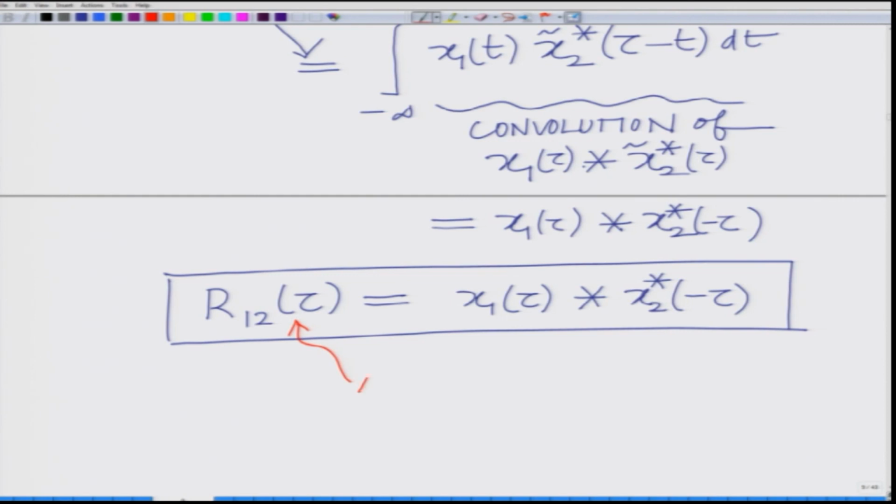Remember, this is the correlation of x1(t) and x2(t) corresponding to a lag of tau, for two different signals x1(t) and x2(t).